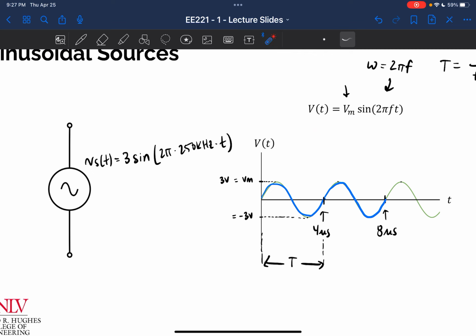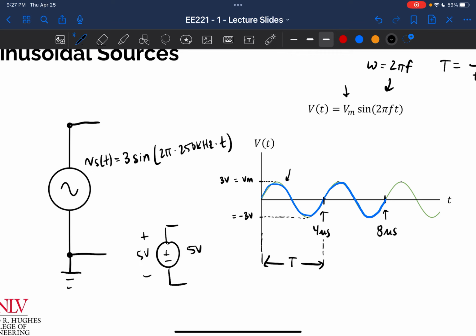It's telling me that this source is going to produce a voltage between these 2 points that behaves as such. So if I were to take this bottom node and ground it, then this waveform right here would show up at this positive terminal, similarly to how we saw it with the DC source, where if I say that I have a 5-volt source, then I know that means I have 5 volts between my plus and my minus terminal.